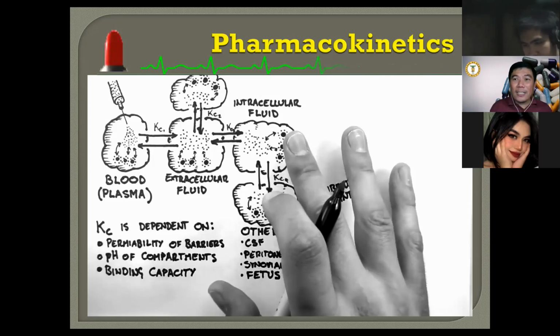That's why if the pH is not right, it may not facilitate absorption. For example, the location is between the cheeks and the gums, where we have fluids also. If the pH of the fluids present in that area is alkalinic, there could be a possibility that it may delay absorption.